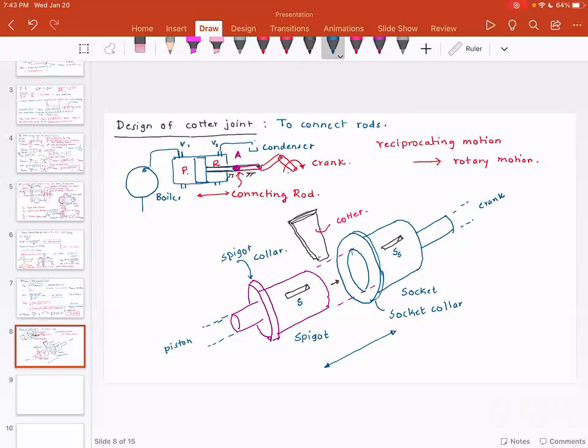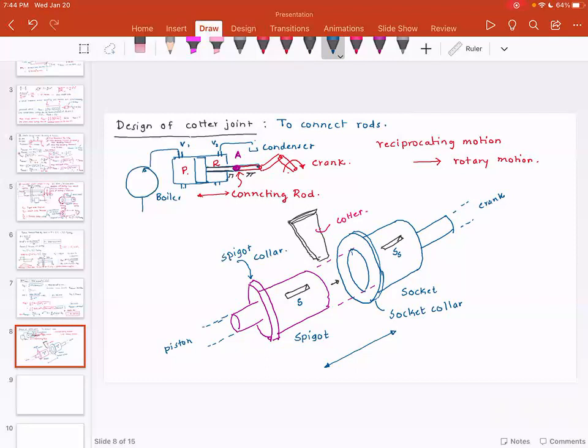Now the key question is, how do we design this cotter joint? And the fundamental design principle of the cotter joint is nothing but force divided by area is equal to stress. So if you look at the different cross sections of the socket joint, we will look at the failures of the cotter joint, and then we will identify different areas.